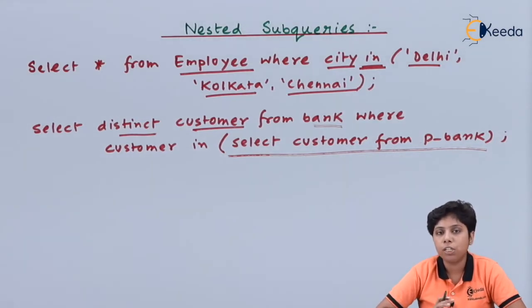So now we will use some predicate on the subquery as well as in the outer query to see how the set membership functions are used in it.